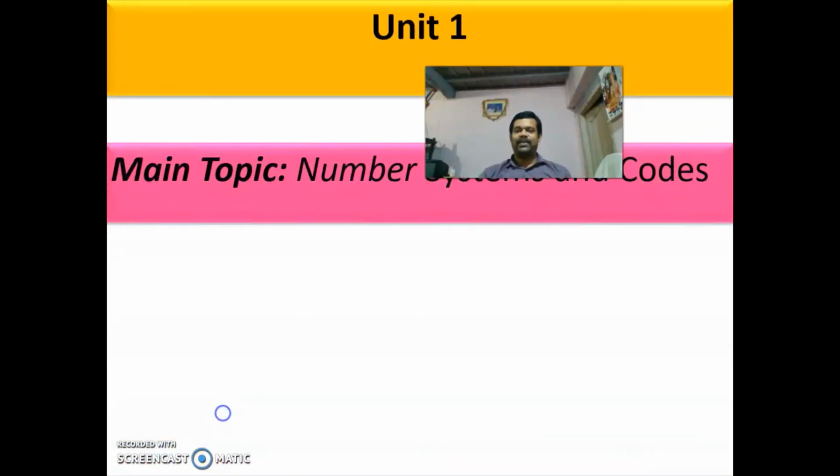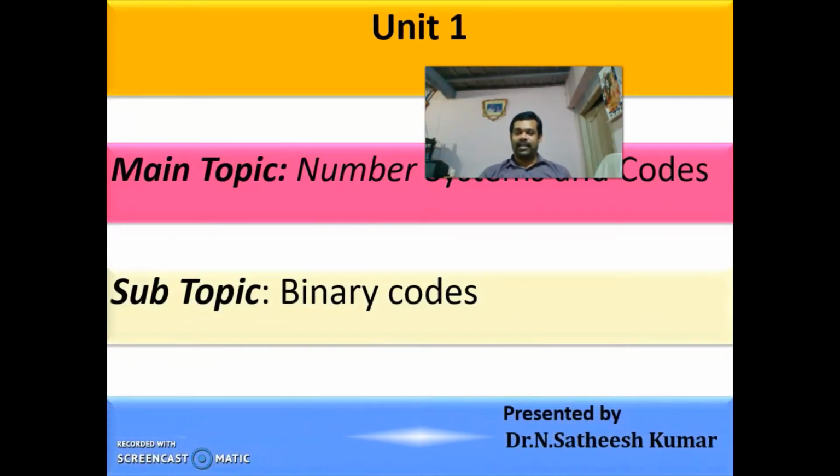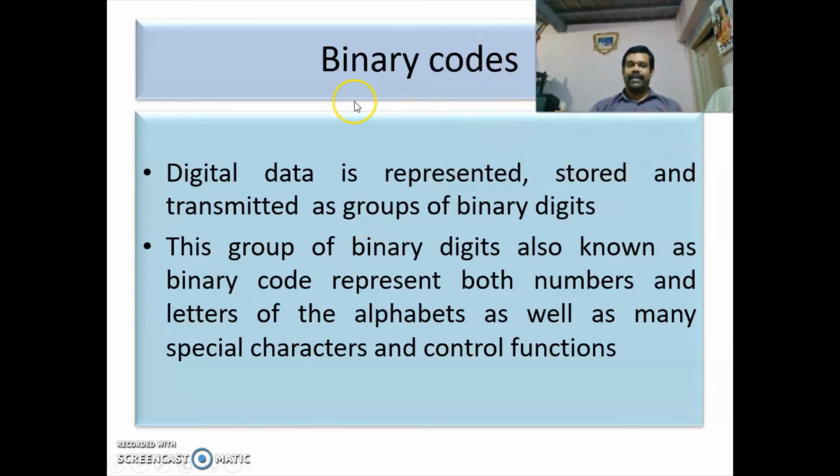Next, we are going to see the topic binary codes. Now, what is binary code? So digital data is represented, stored and transmitted as group of binary digits. This group of binary digits is known as binary code.